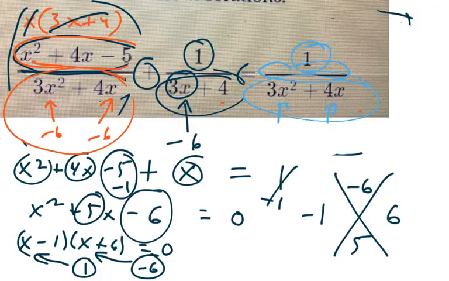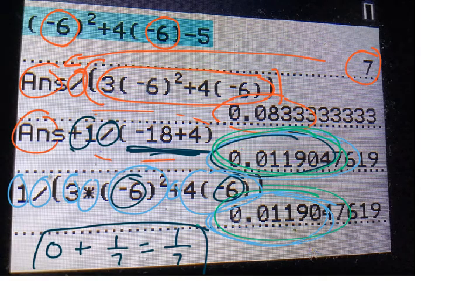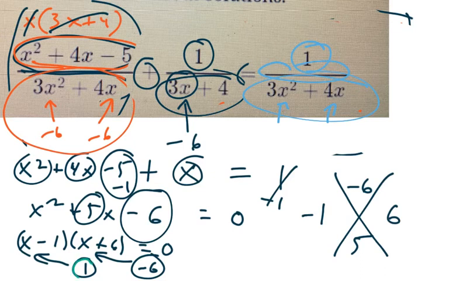Okay? Now, I also want to show you right down here, I want to see what I just circled in green. Let's test 1. See, if I plug in 1 in here, for example, 1 squared plus 4 times 1, 4. I just did the mental math anyways.